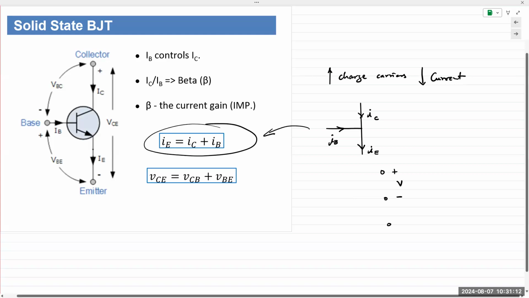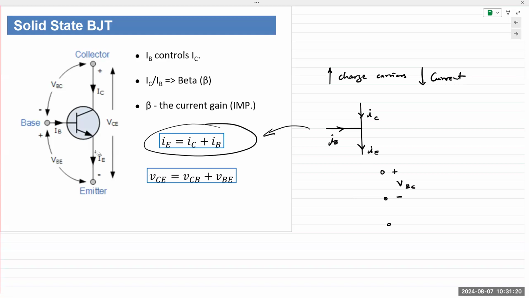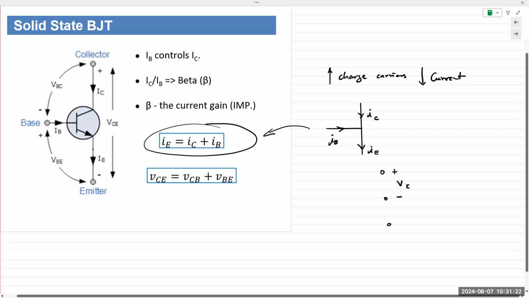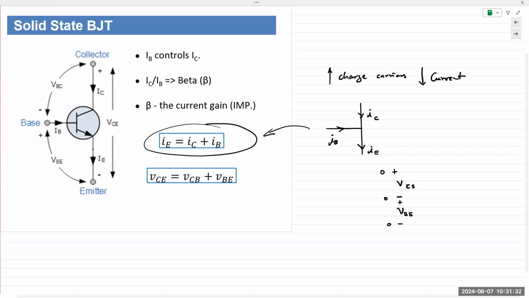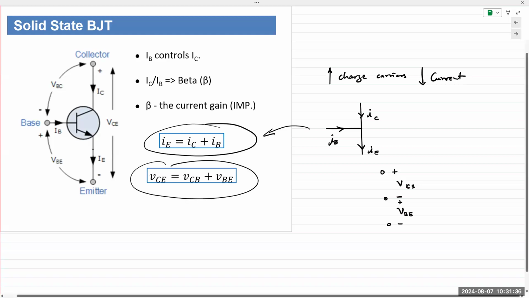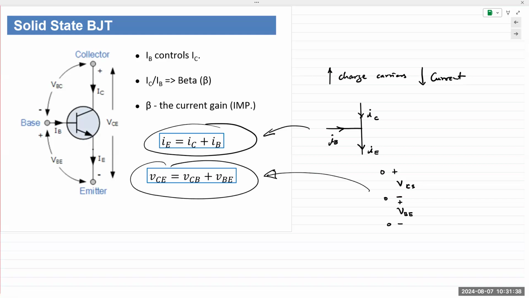This is VBC, the voltage at the base measured with respect to the collector, or you can write it as VCB, either way. And then you have base to emitter, VBE. You apply KVL, and you can obtain this equation.